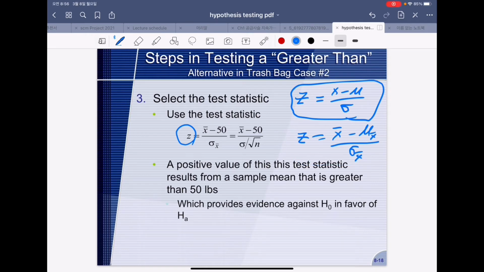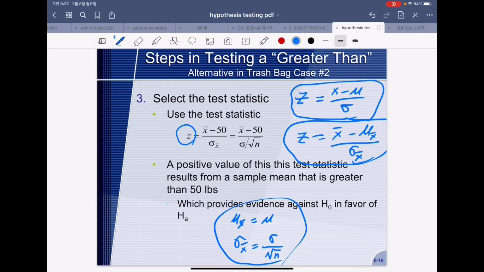So you use this, okay? Now, it turns out that mu of x bar is equal to mu, okay? And sigma of x bar turns out to be sigma over square root of n, right? You use this. This one comes from the central limit theorem, okay? Which is one of the most popular theorems in statistics, okay? Now let's talk about central limit theorem.